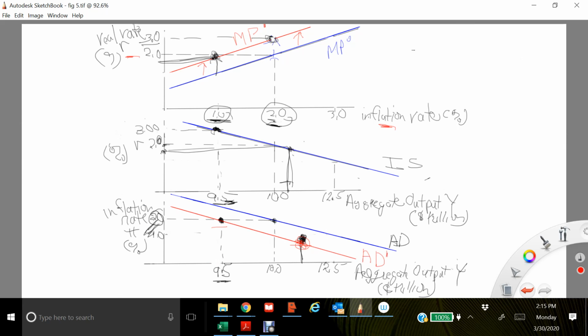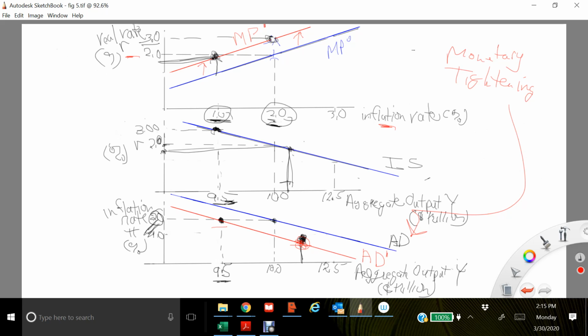Okay, so we've seen how monetary tightening results in a shift of the aggregate demand curve. Okay? So please go over this. Go read chapter 21 in the book. And I know it's a little complicated to absorb, especially if it's the first time for you guys.